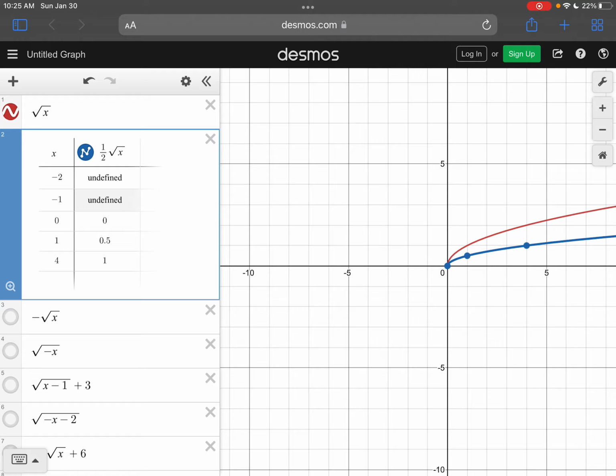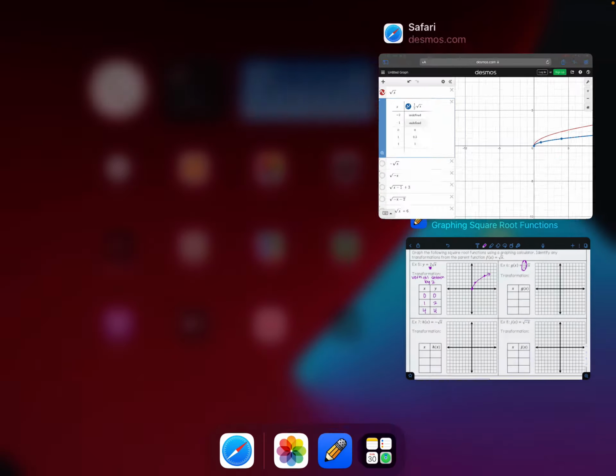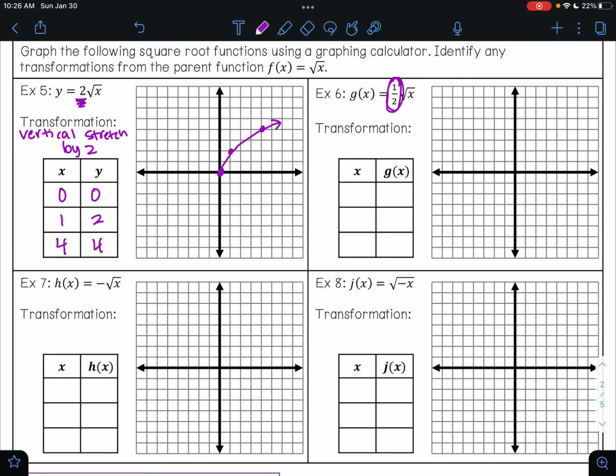So again, these 3 points, 0, 0, 1, 1/2, and 4, 1, are the 3 that I'm going to use there, just because I know that those 3 are easy to graph and will be on my graph. And so this one will be like this. And again, this is known as a vertical compression or a vertical shrink, however you want to call it, by a factor of 1/2.